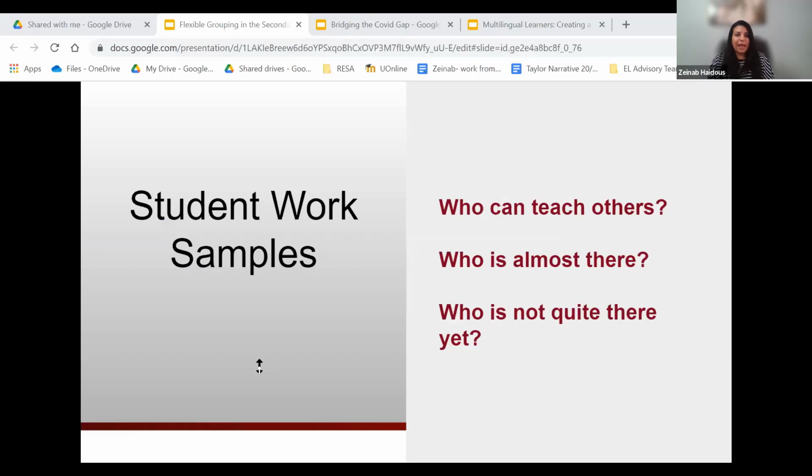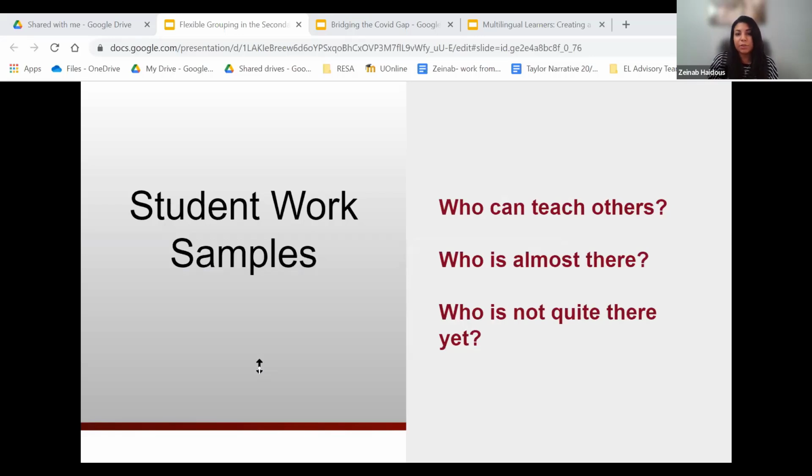So now, how do I put my students in groups? We can use these characteristics when we think about our students, and where they are. Can they be mentors for other students? Can they help guide their peers into the new learning?